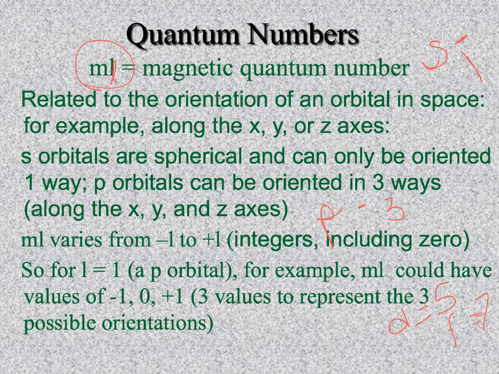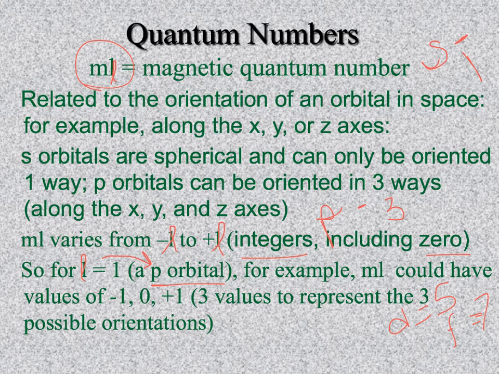Okay, so the value of m sub L varies from minus L, that is an L, not a 1, to plus L. The values of m sub L must be integers. They always go through 0. 0 is an integer, okay? So, for example, if L has a value of 1, that means we're talking about a p sublevel.